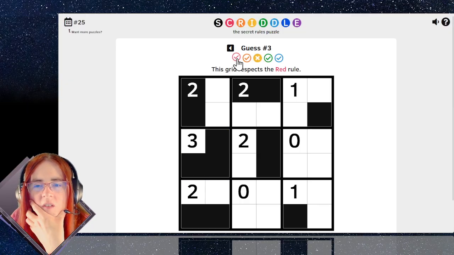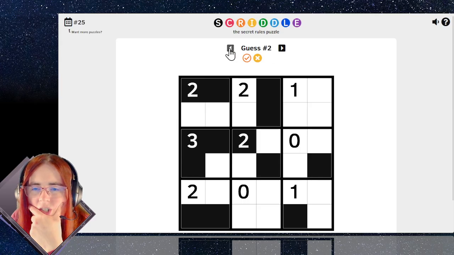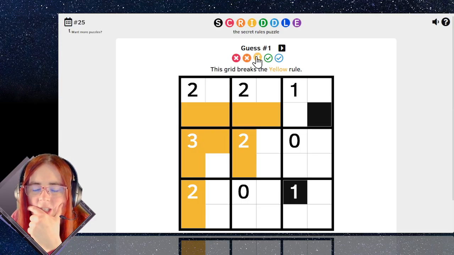Maybe the move to do here is to make a small change in that area and see.